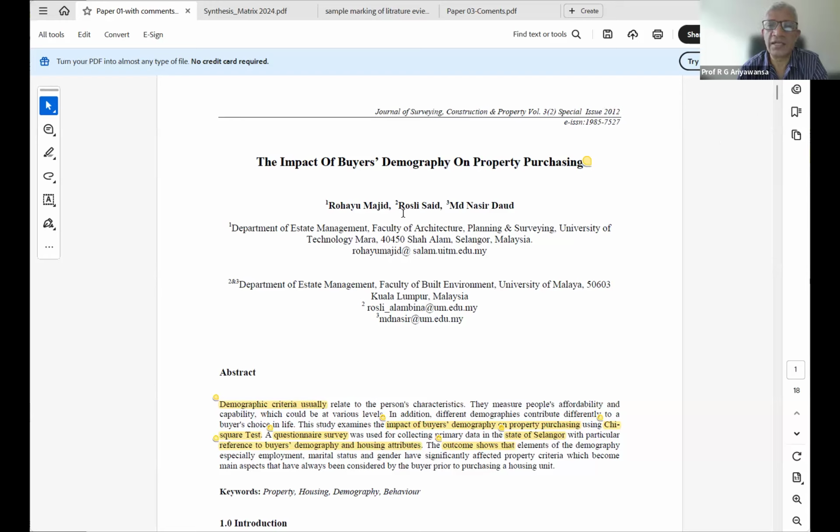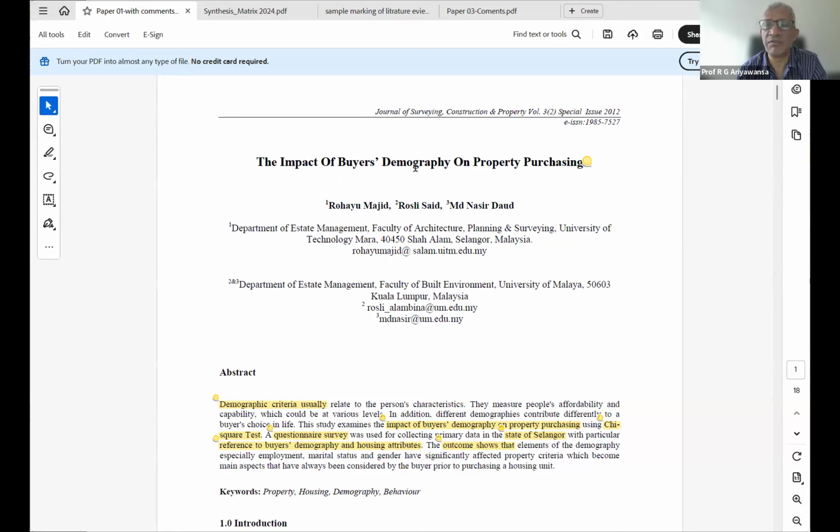The title here is about the impact of bias demography on property purchasing, somewhat clear, right? The impact of demography, bias demography, of the buyer who has bought it. And demography means demographic information, age, civil status, various types of demography.